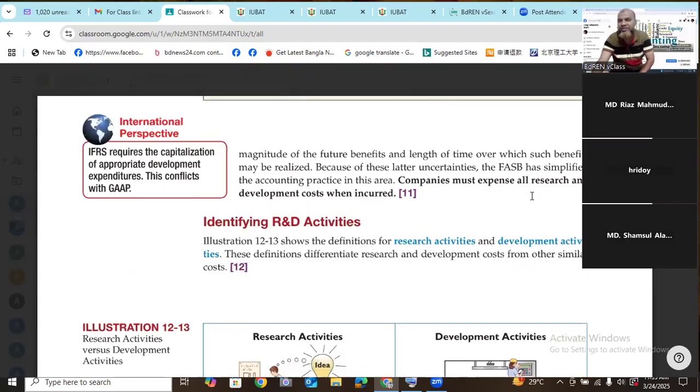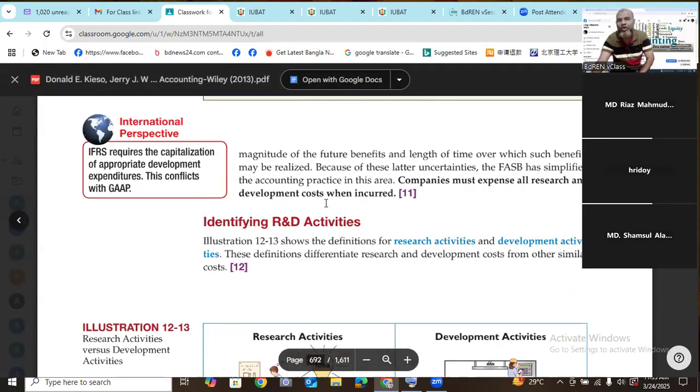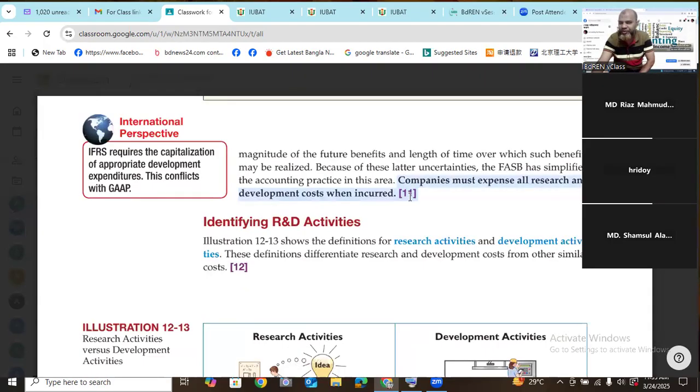Companies must expense all research and development cost when incurred. This is important. Companies must expense all research and development when incurred. That means you have to show it in the income statement as per the matching principle for expenses incurred. You already know what the matching principle is.